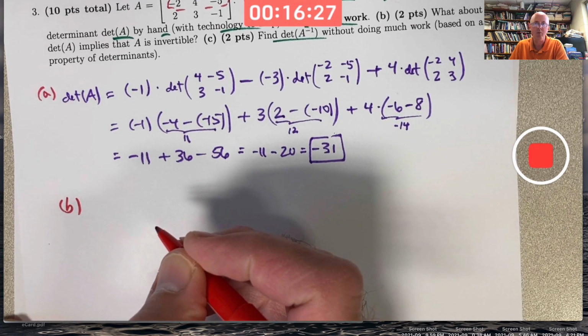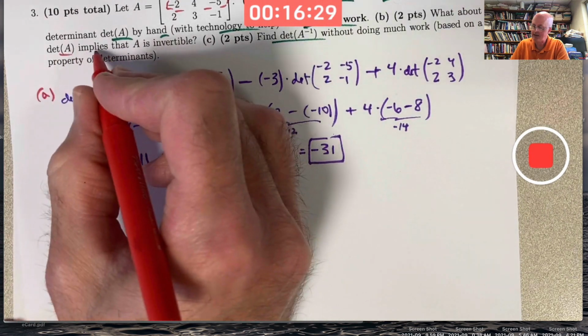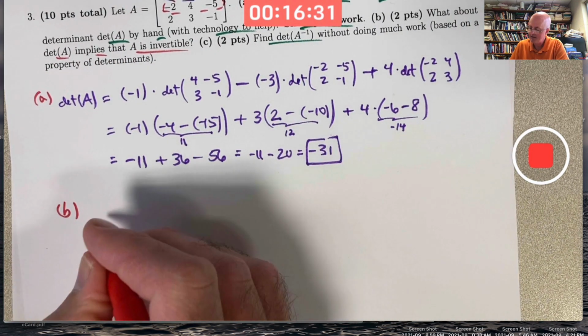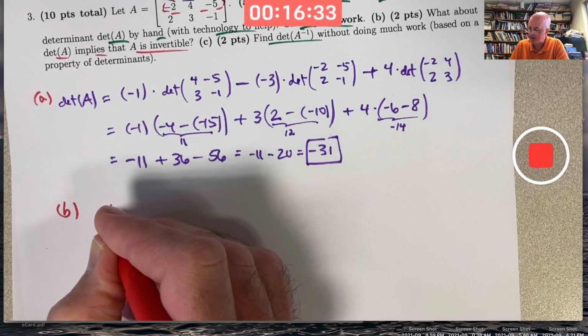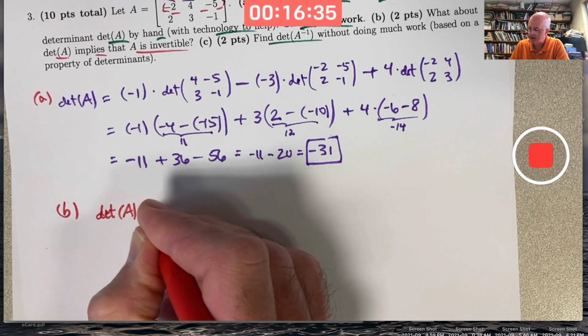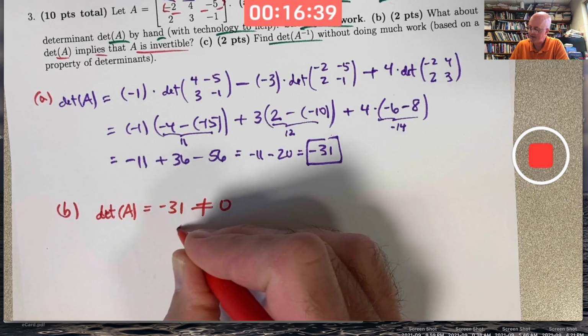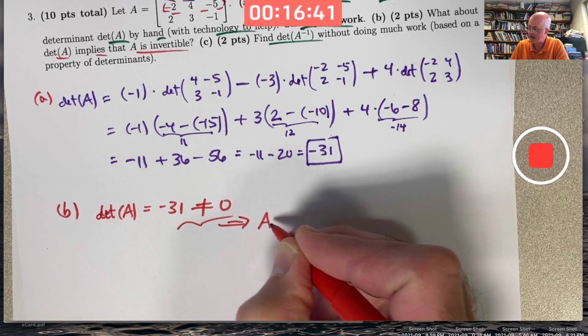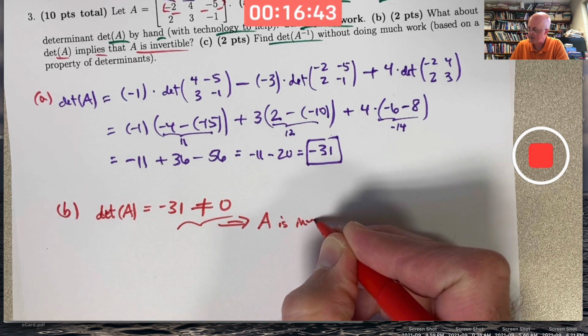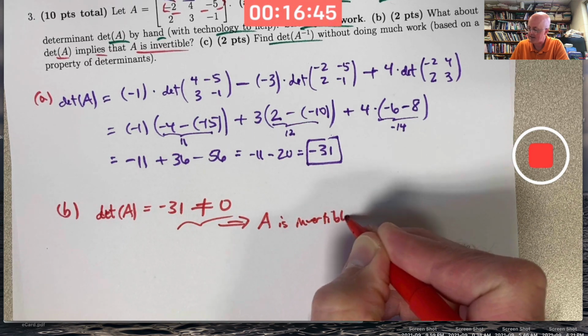Part B. What about the determinant implies that A is invertible? We've already said that. The determinant of A here is negative 31. It's non-zero. The fact that it's non-zero implies A is invertible. A inverse exists.